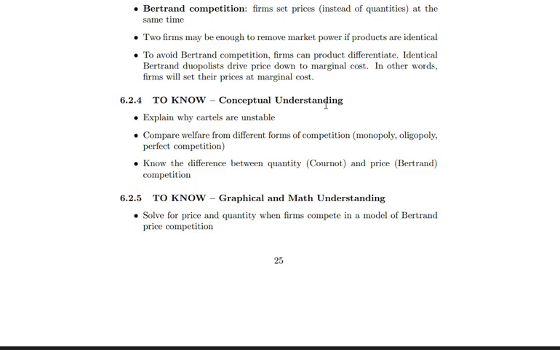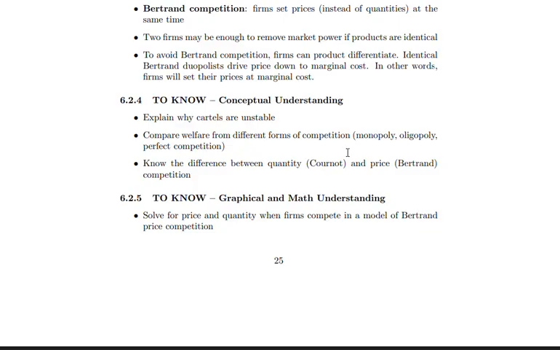So what's to know? Explain why cartels are unstable because of the trust problem. They have incentives to cheat. Compare welfare from different forms of competition: perfect competition is greater than oligopoly, which is greater than monopoly.